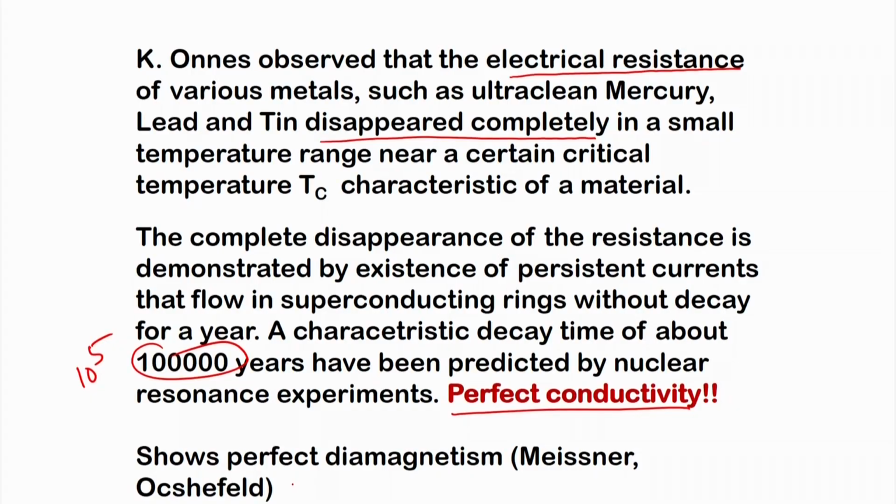However, they are different from superconductors in the sense that perfect conductors do not show the Meissner effect, which is discussed later, and superconductors show perfect diamagnetism, which is again what was discovered by Meissner and Oxenfeld, and this is something that we are going to discuss. This is the electromagnetic properties of superconductors, which are very important.